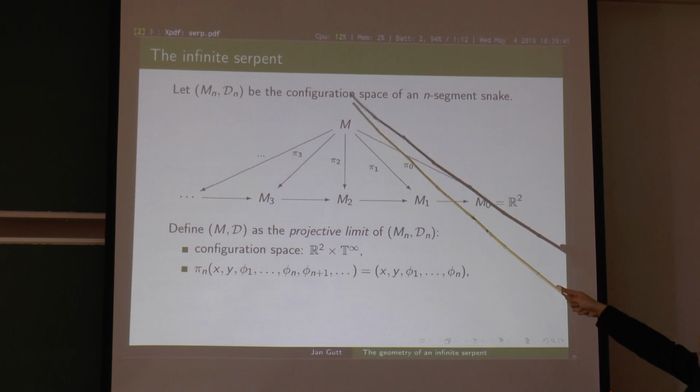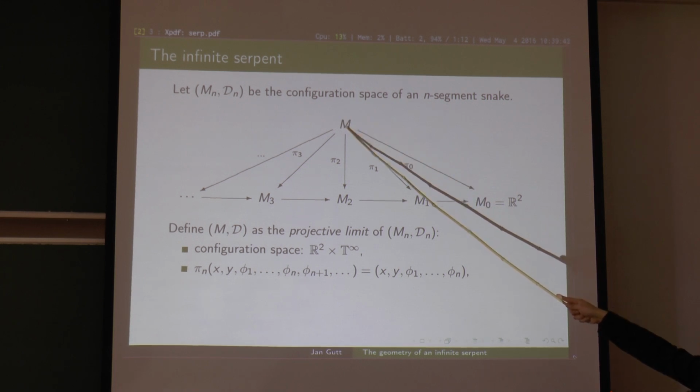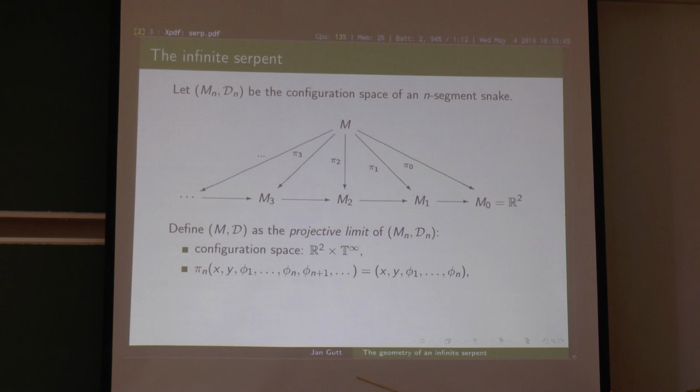Now projections. There are projections from the infinite configuration space to each of the finite ones, and what they do is, well, they just truncate the sequence of angles parametrizing positions of all the segments, so they only give us the first n segments if we project onto the configuration space of the nth snake, the n segment snake.